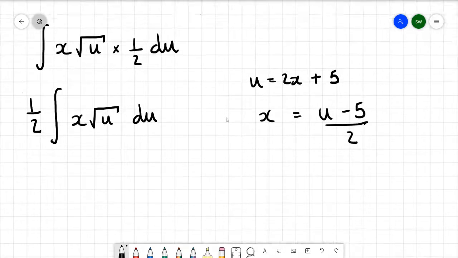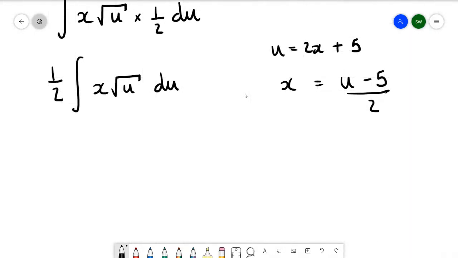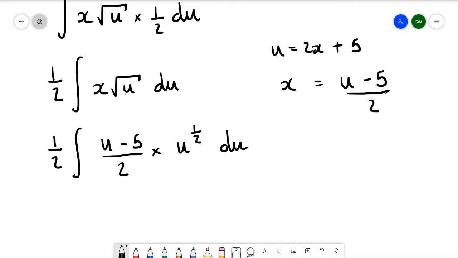So all we can do is substitute that into our integral. So we're going to have a half integral of u minus 5 over 2 multiplied by, and then I don't really like square root of u when I'm integrating. I prefer u to the power of a half. So let's replace square root of u with u to the power of a half because they're equivalent.